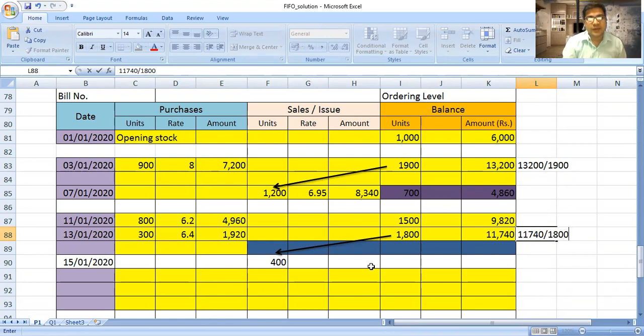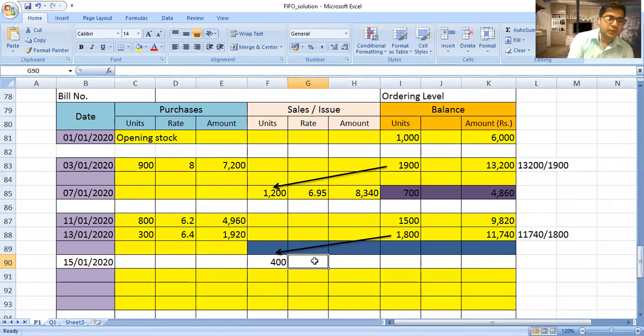Use your calculator and find out the weighted average rate. 11,740 divided by 1,800.